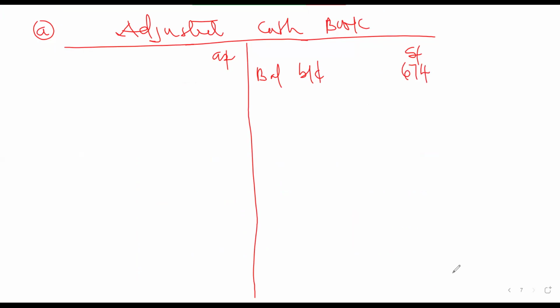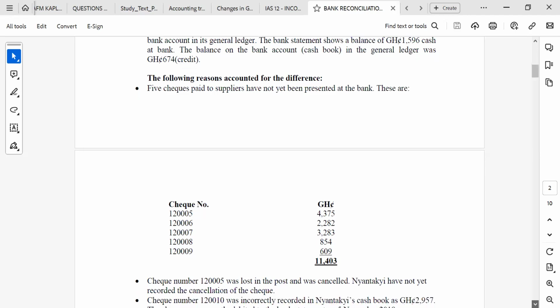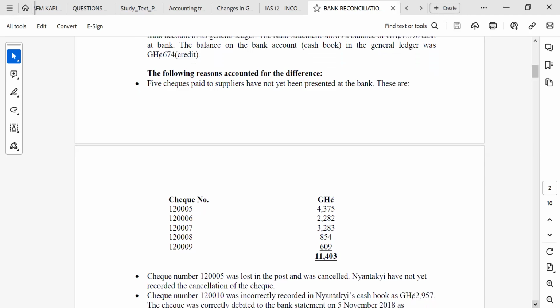But if they didn't say anything about the bank balance, they just say the bank account balance in the cash book is 674, you just assume that it's a debit balance. If it is credit, they will tell you credit. But if nothing is being said, that will be a debit balance.